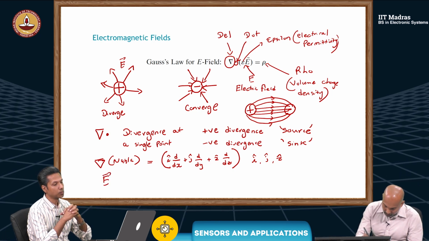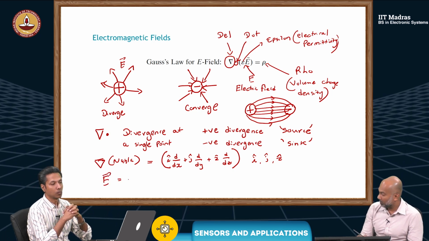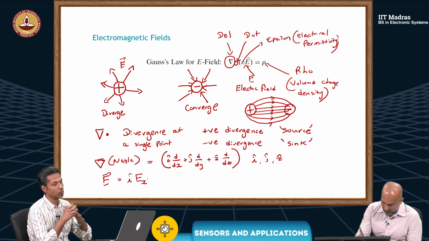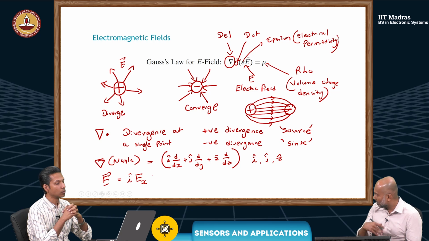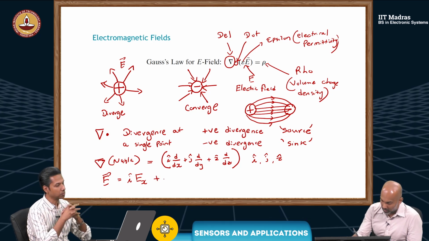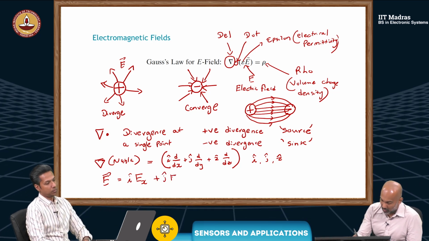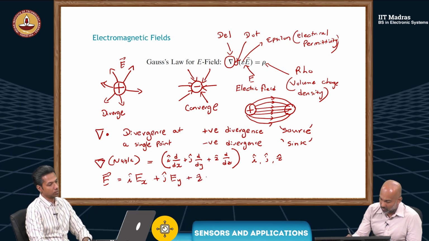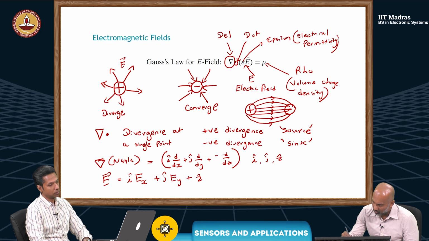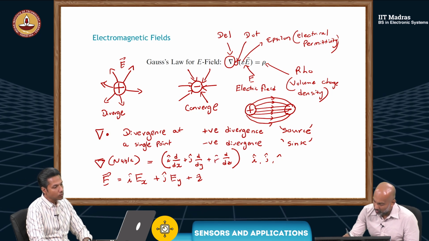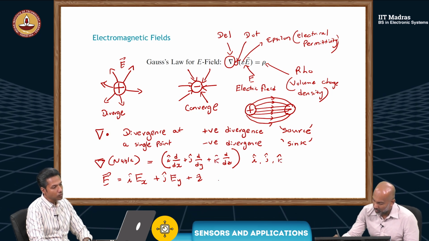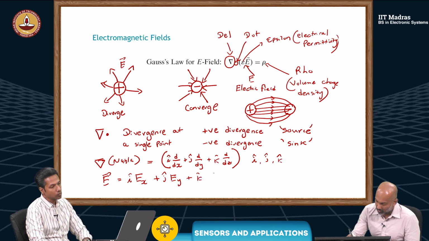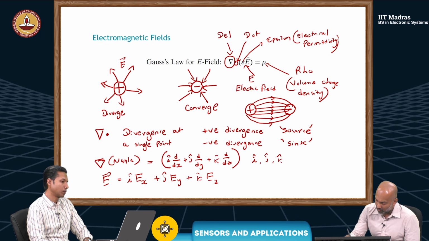Now, if you talk about E, E also has a component in each direction: i, j, k. It doesn't matter, but just to be easy to understand.